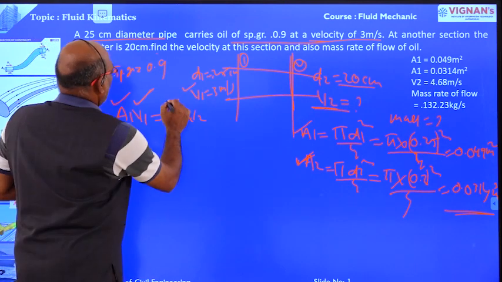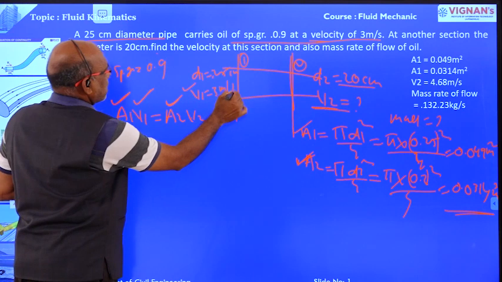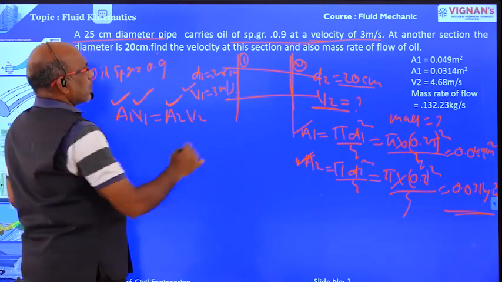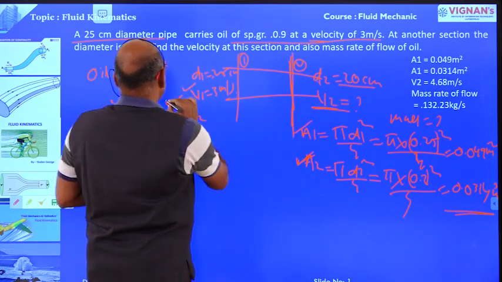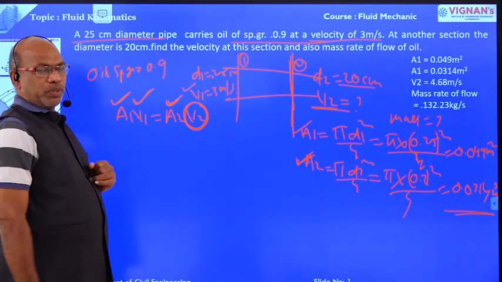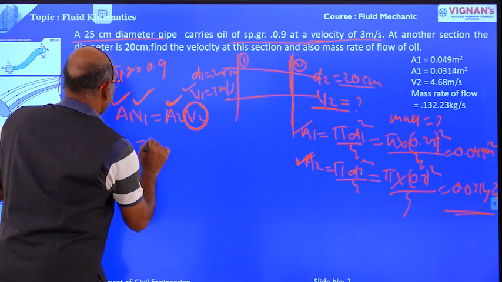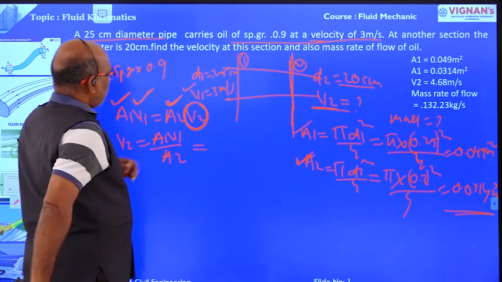Now, area we have calculated based on the given diameter at section 1-1, velocity at section 1-1 is given, and area at section 2-2 for the 20 centimeter diameter is determined. The only unknown is V2. From this equation, V2 equals A1 V1 divided by A2. What is A1?